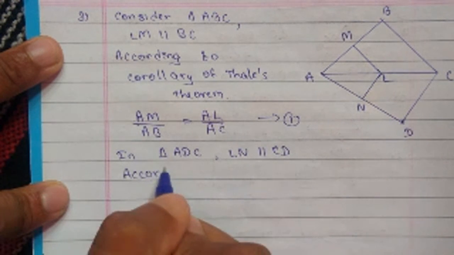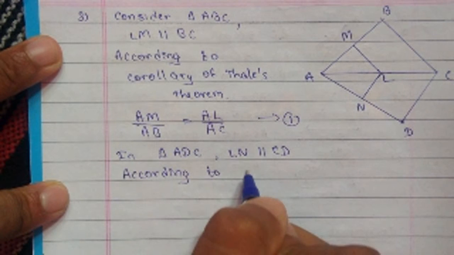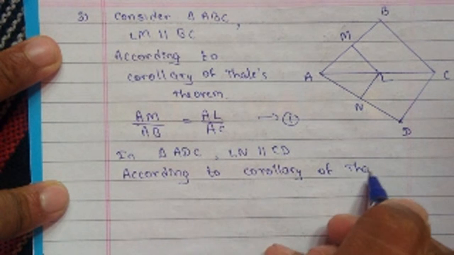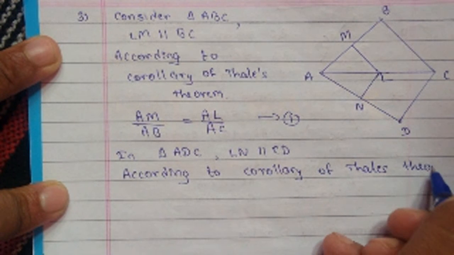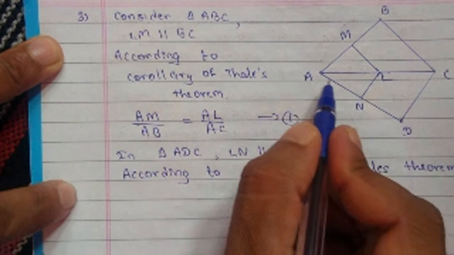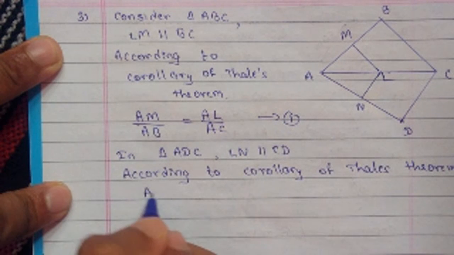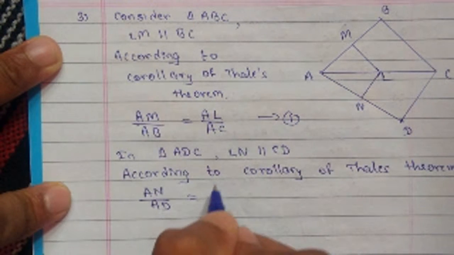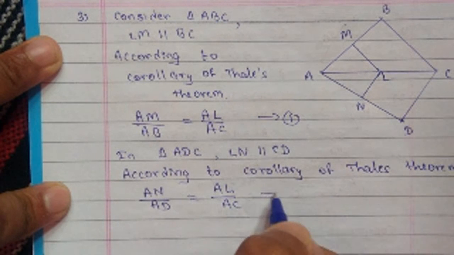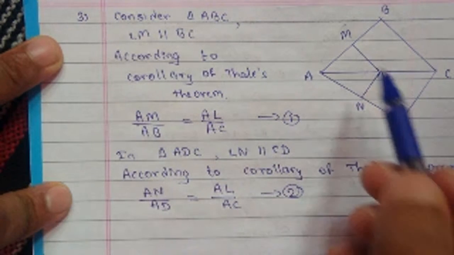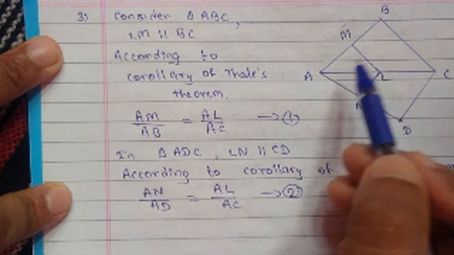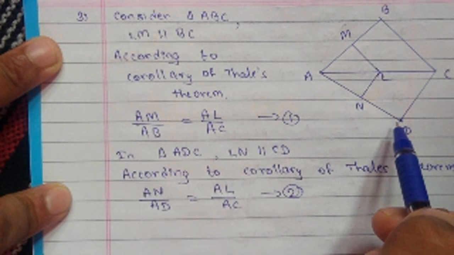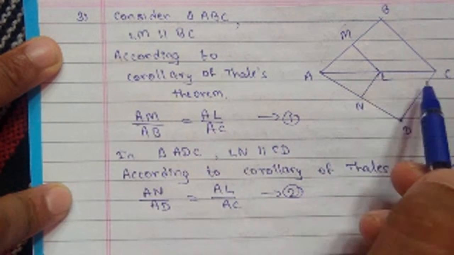According to corollary of Thales' theorem, AN divided by AD is equal to AL divided by AC. We'll call this equation number 2. In the first one, AM divided by AB is equal to AL divided by AC. In the second triangle, AN divided by AD is equal to AL divided by AC.